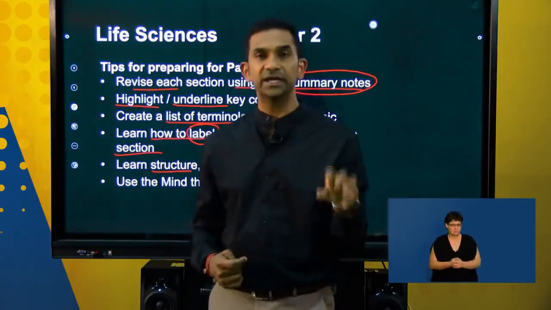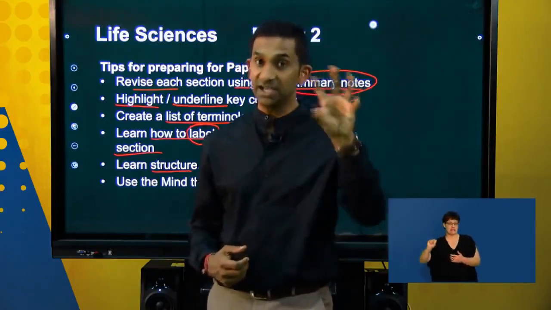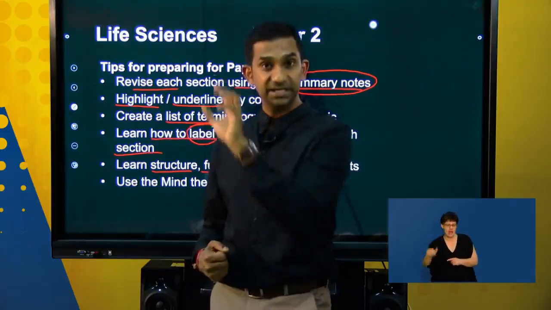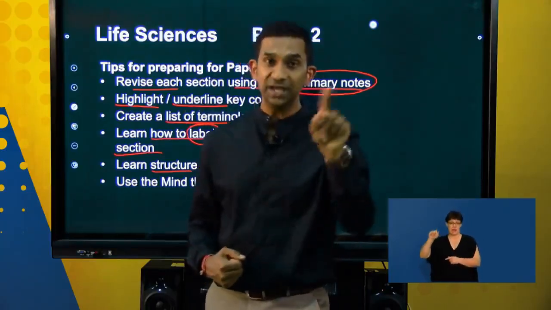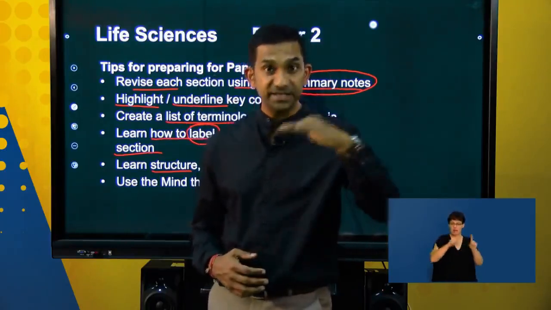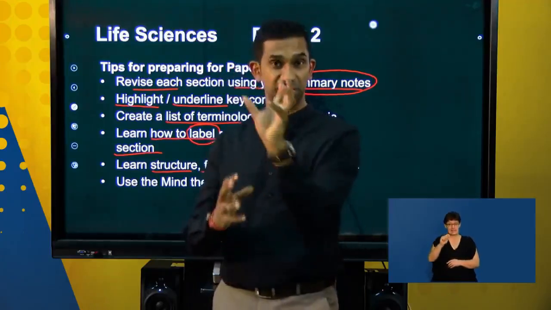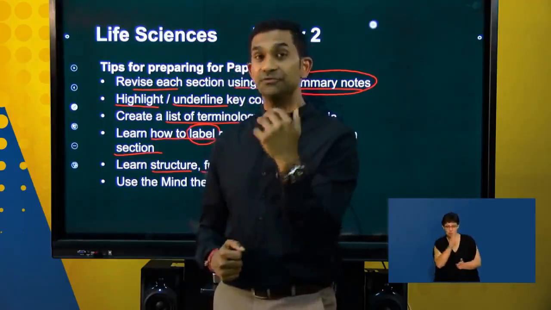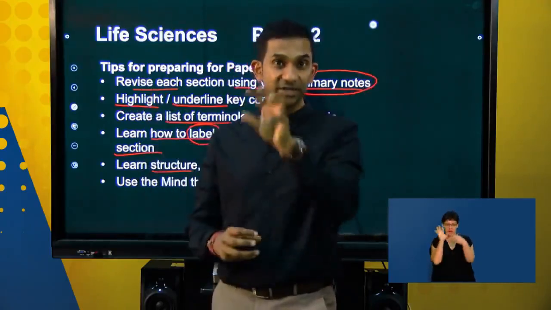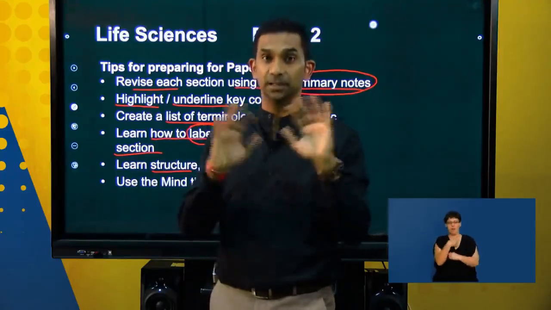If we're looking at the process of protein synthesis, identify structures like DNA, mRNA, rRNA, and tRNA. Look at their structures. DNA is double-stranded. RNA is single-stranded. If you look at the tRNA molecule, remember its shape and look at its function.